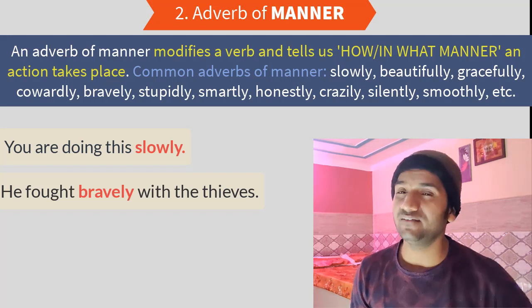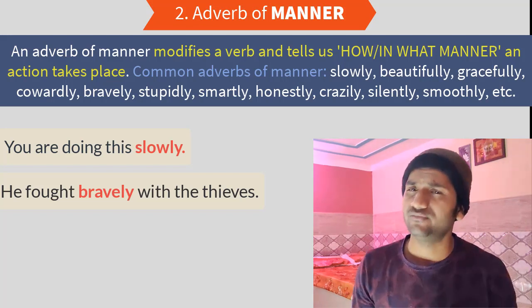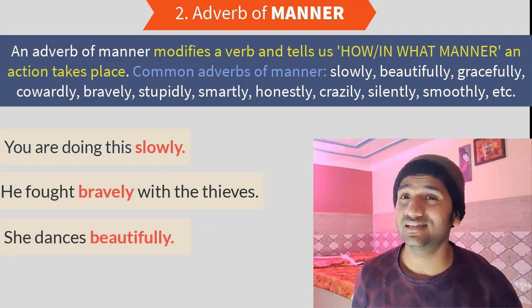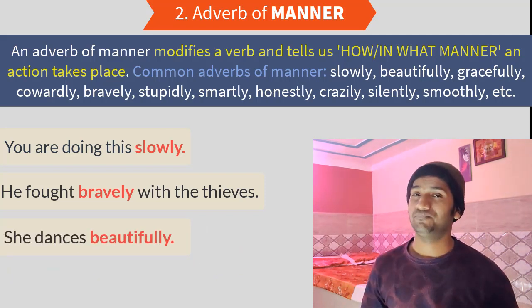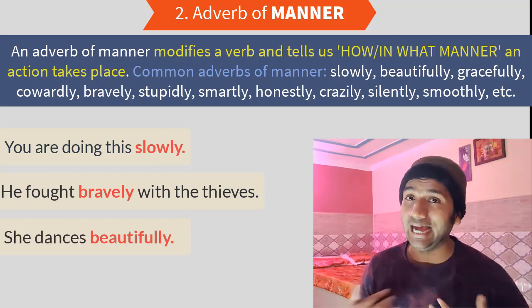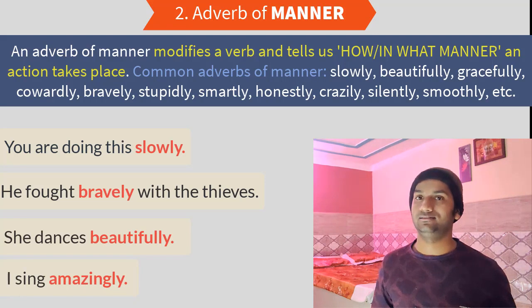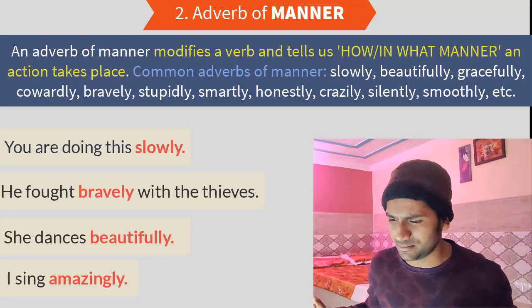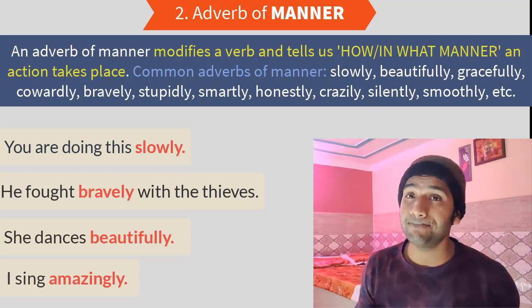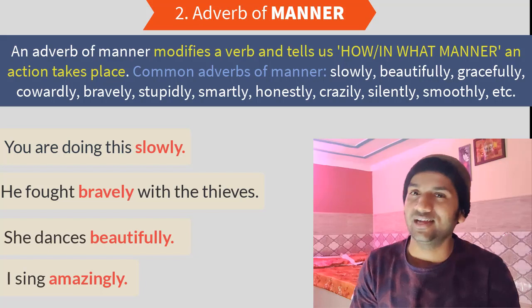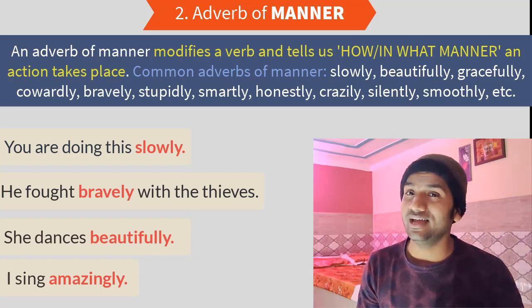She dances beautifully. That's how she does this action. That's how she dances. I sing amazingly. That's how I sing. I'm not lying. You should hear me out sometime, all right? I sing amazingly. So see, all these words are adverbs of manner ending with ly.